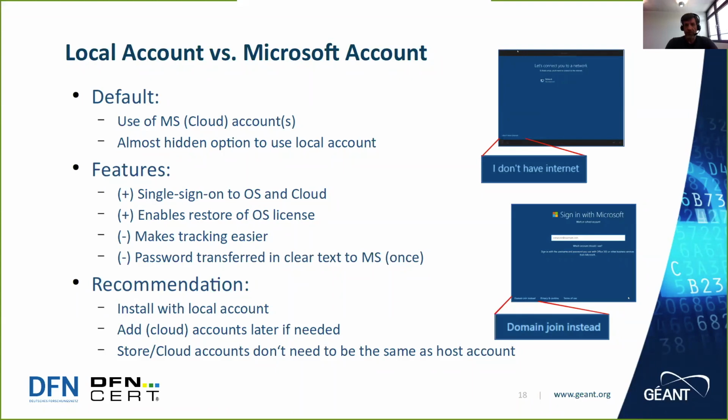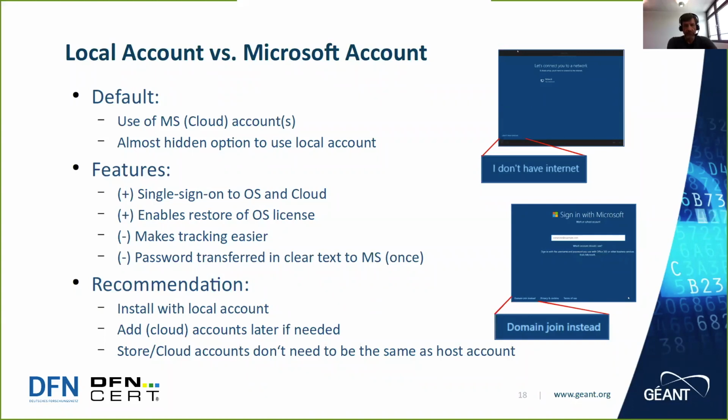Of course, this means we have a single sign-on, and we can restore our operating system license if it gets lost or we damage our hard disk. On the other hand, it makes tracking, of course, a lot easier through this account, and the account password is transferred to Microsoft in clear text, although the connection itself is encrypted, and it's done only once when we set up this account.